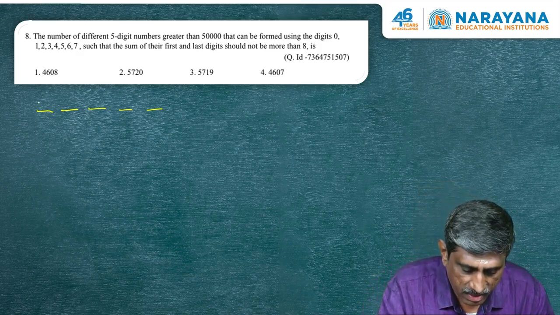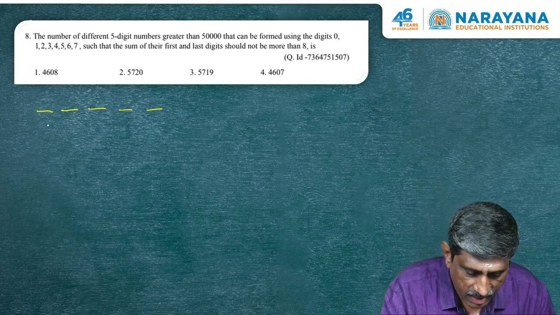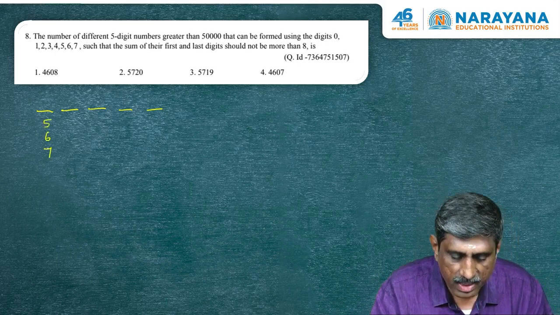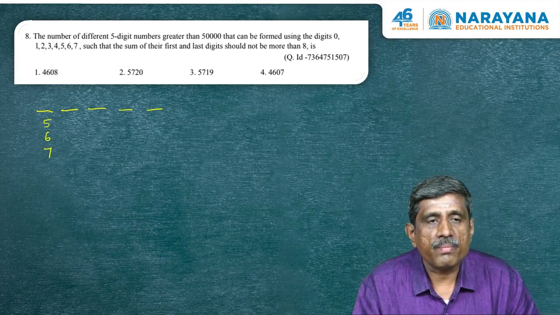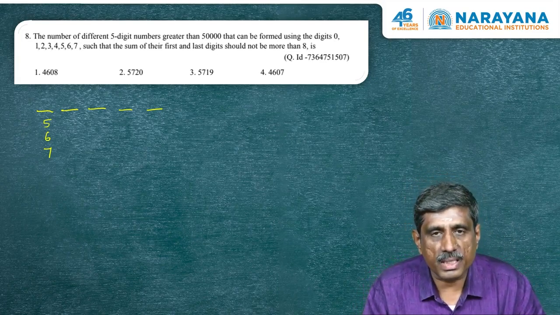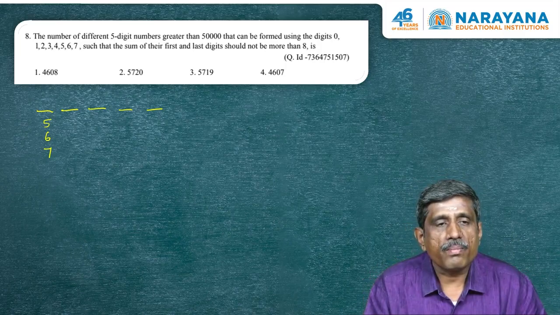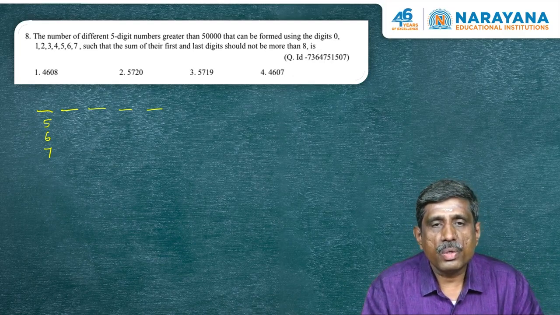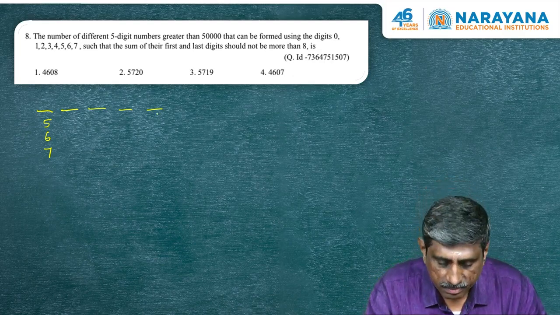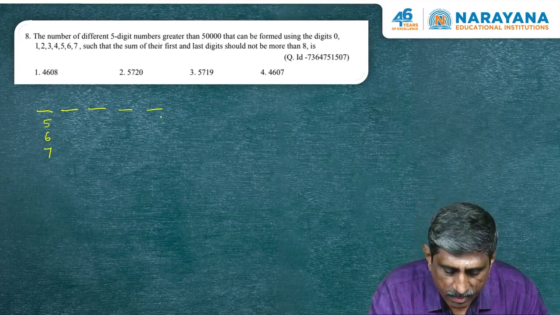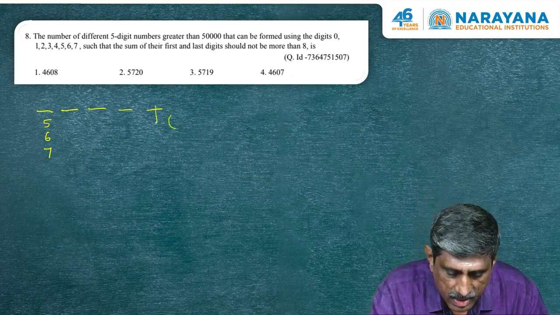So, the first digit can be either 5 or 6 or 7. These are the possibilities because we want the number to be greater than 50,000. And the sum of the first and the last digits should not be more than 8. So, when you put 5, what are the possibilities for the last digit?